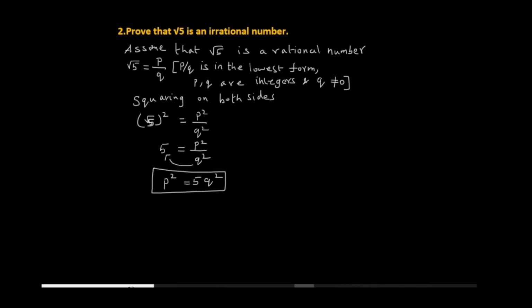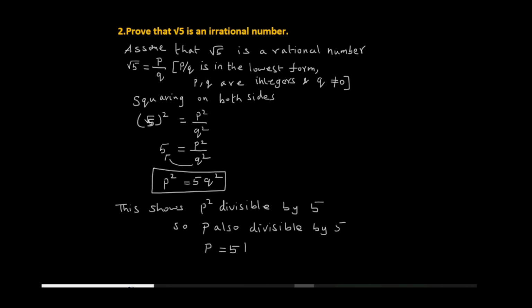This shows that P squared is divisible by 5. So P is also divisible by 5. That means we can write P is equal to 5 times any integer, say A, B, C, D or K.